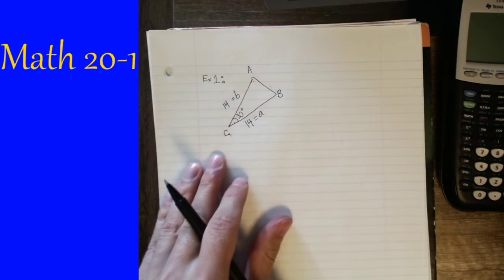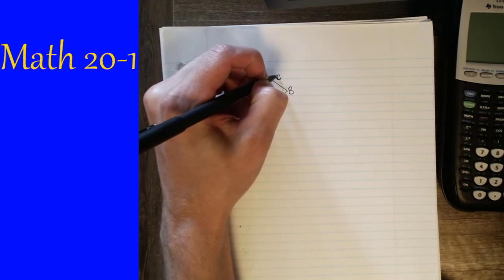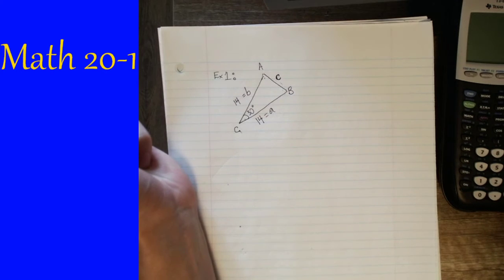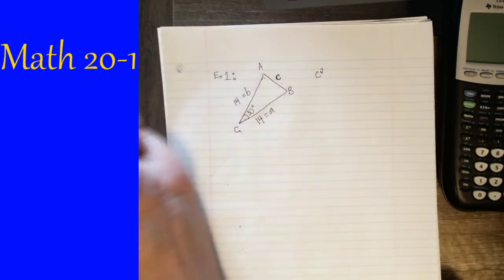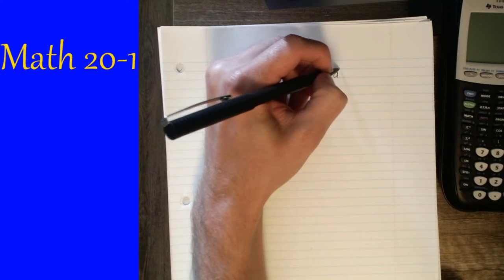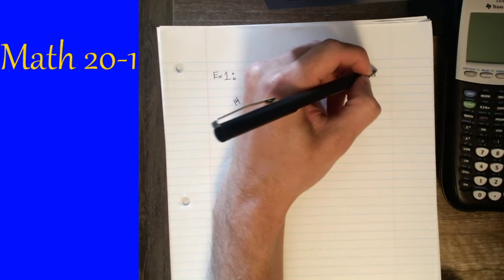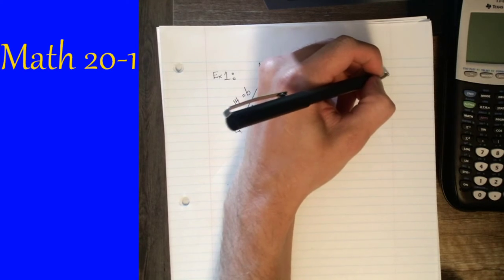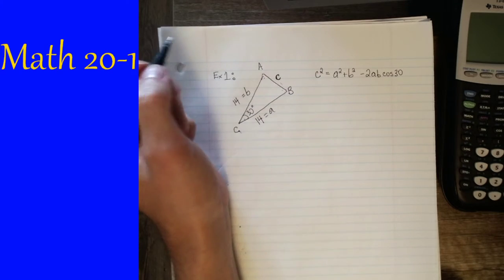So, the first thing we'll do is we'll actually solve for that side length C that we don't know. So C squared is equal to A squared plus B squared minus 2AB cosine of the angle, which is 30.